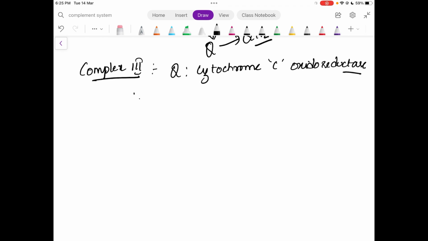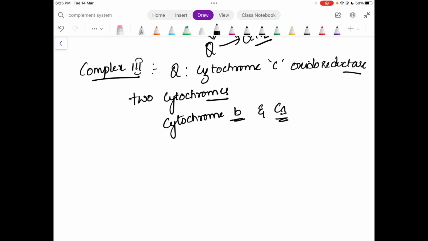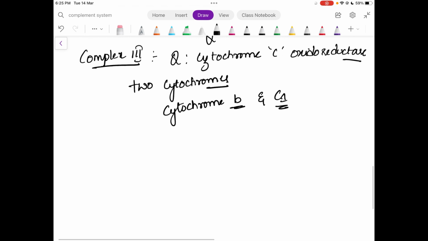This complex 3 has two cytochromes. They are named as cytochrome B and C1.